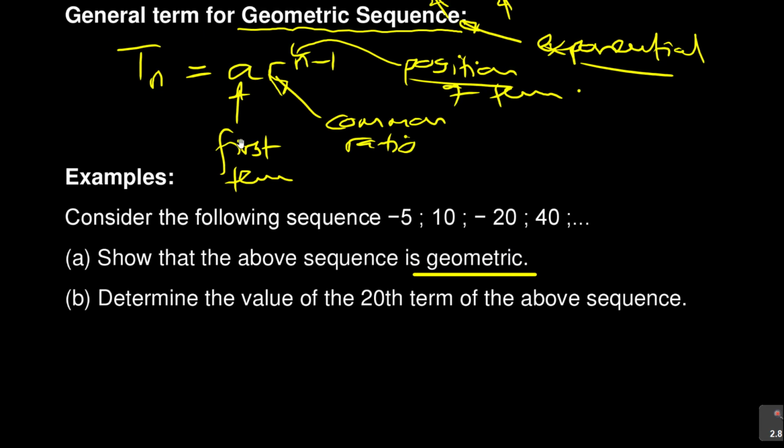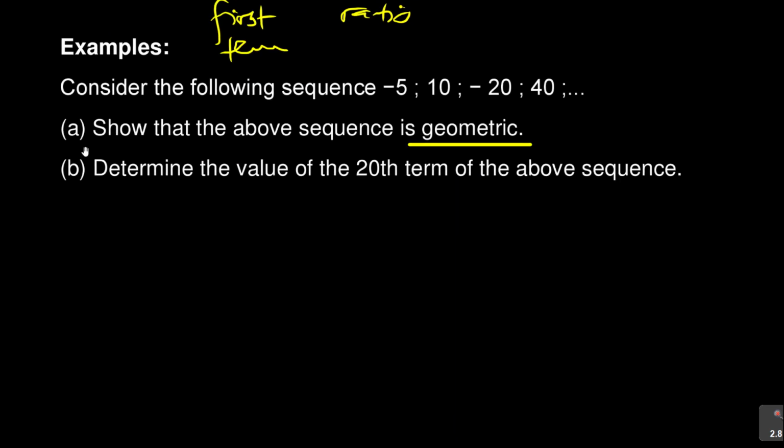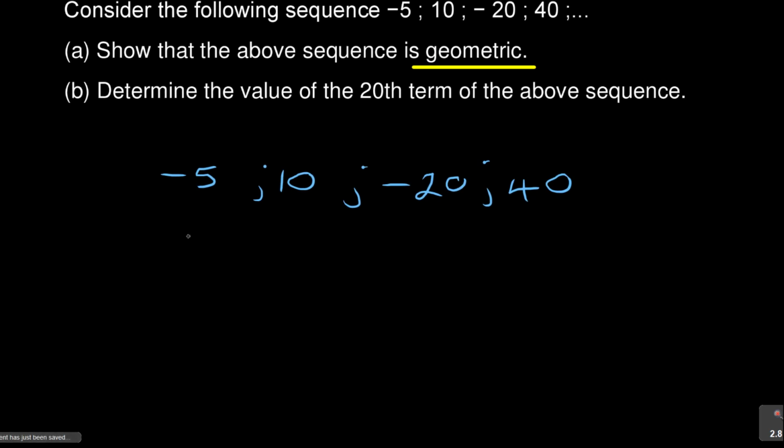It comes from the formula. Let me write the sequence down: -5, 10, -20, 40. Now there is something special, unlike the common difference.